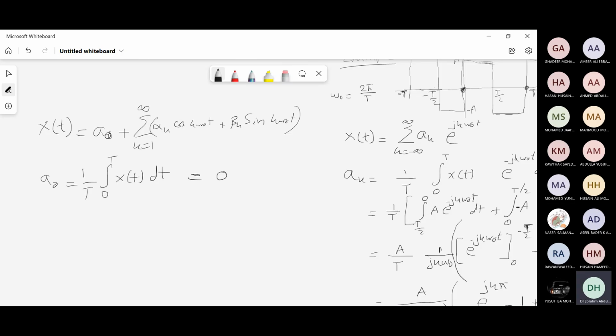Even without going to calculus, directly you should know that since it is odd, it is equal to 0.